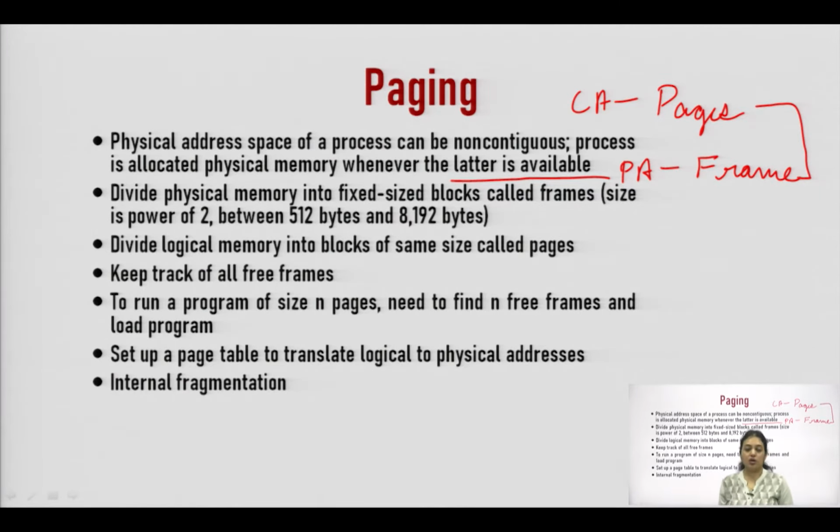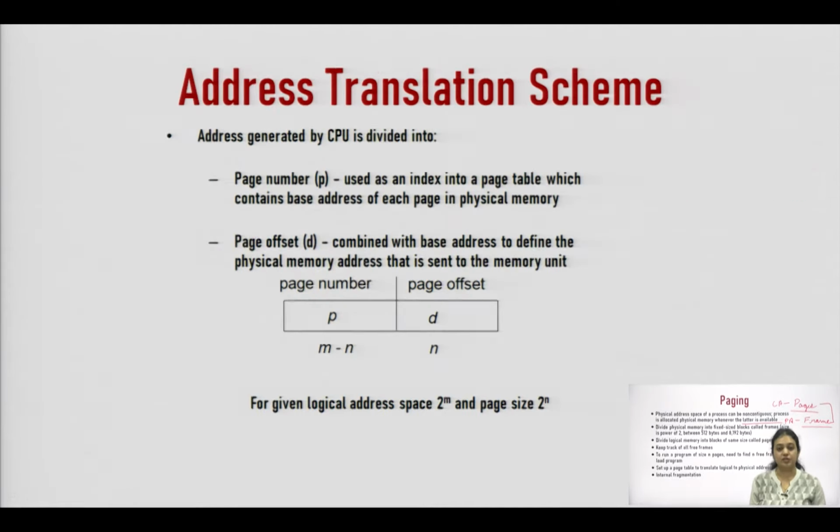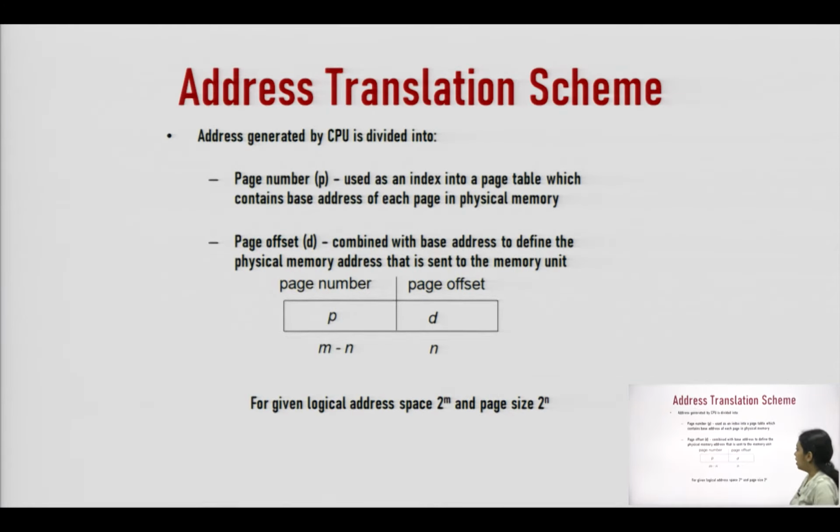Okay. So, we have our logical address space divided into pages and physical address space divided into frames. Now, we need to convert our logical address into a physical address. This is the address generated by the CPU.